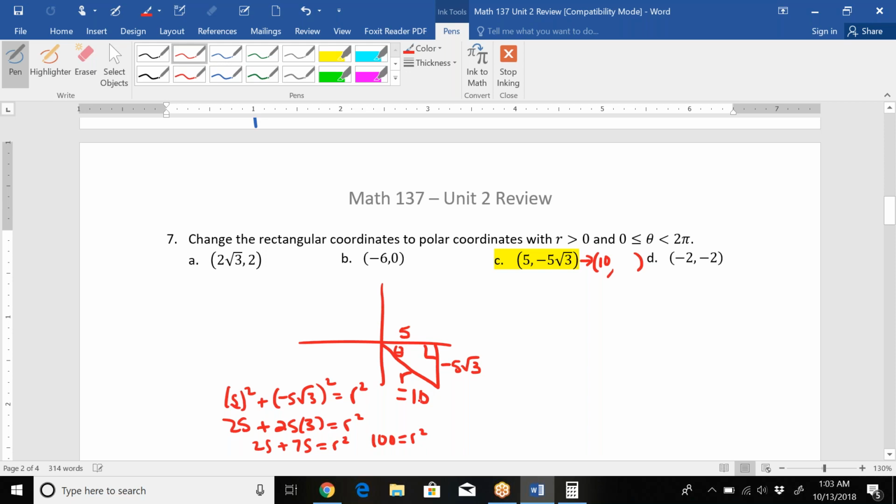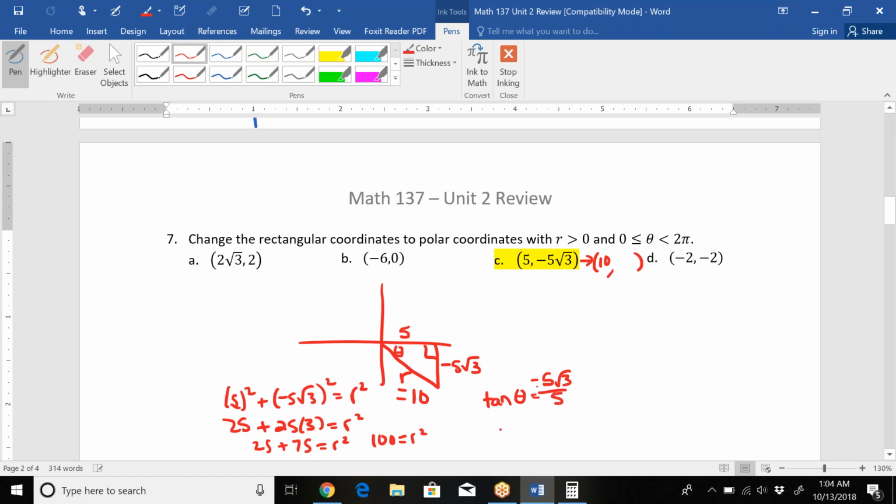If you divide everything by the hypotenuse, you'll see that this ends up being square root of 3 over 2, and this is a 1/2, and square root of 3 over 2 is across from a 60-degree angle. So that means this is 5 pi over 3. Another way of finding that is doing tan of theta equals opposite over adjacent, which would be -5 square root of 3 over 5.